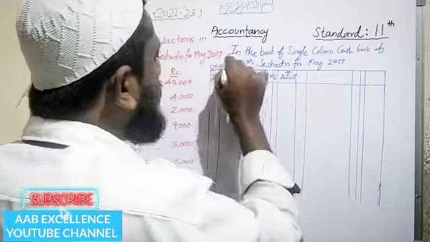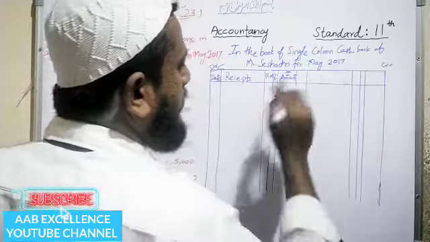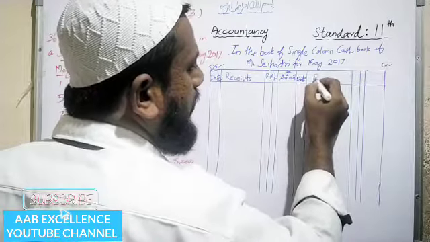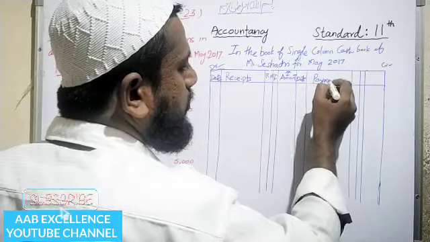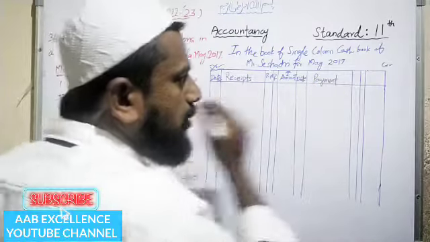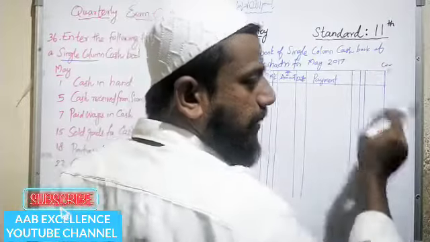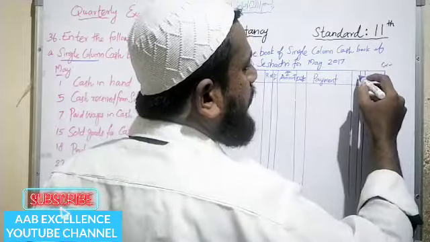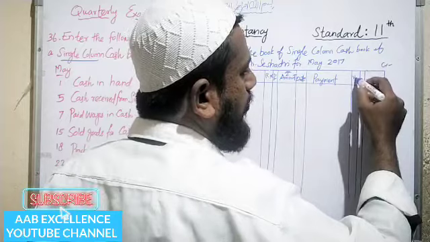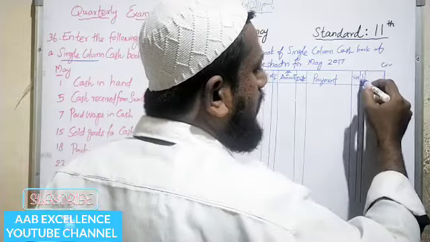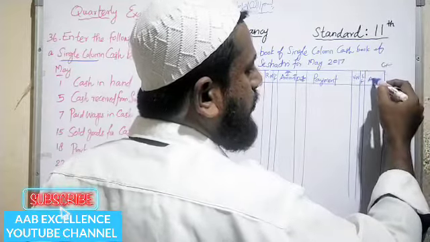This is the debit side, credit side. Then date, payments. This side is receipt number. This side is payment. So VN, voucher number. Voucher number. This is the LF column, ledger folio, then amount.